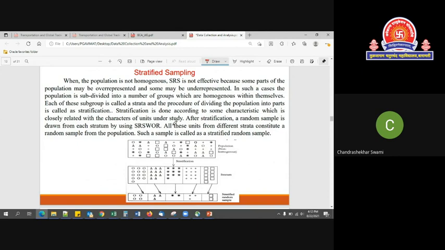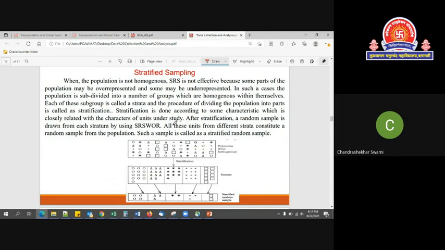But suppose instead of the same branded or same company bike, I have different bikes. Suppose I have Unicorn, Pulsar, Access, Activa, Jupiter, and I want to test their mileage.